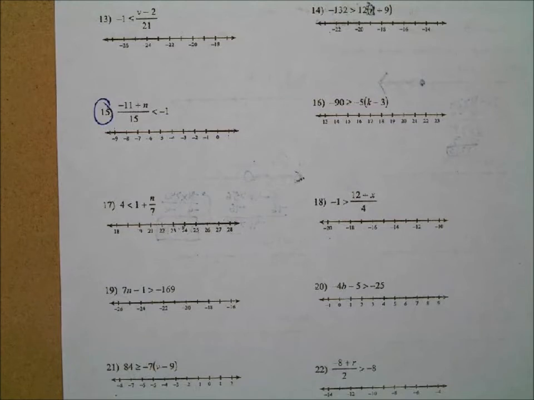There's your homework on the inequalities worksheet. Don't forget to graph your solutions. I will not give you full credit on the homework tomorrow if you don't graph your solutions on the number lines.